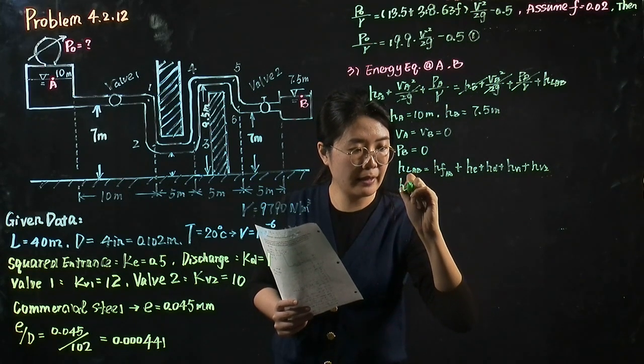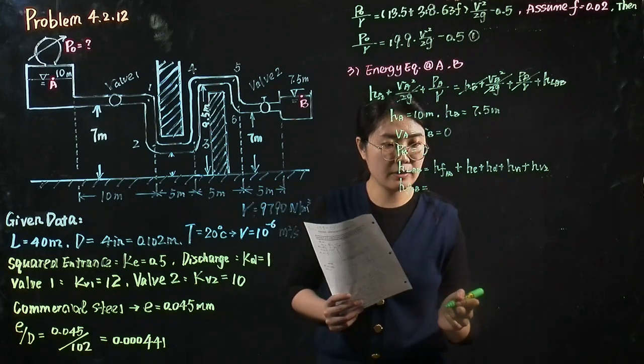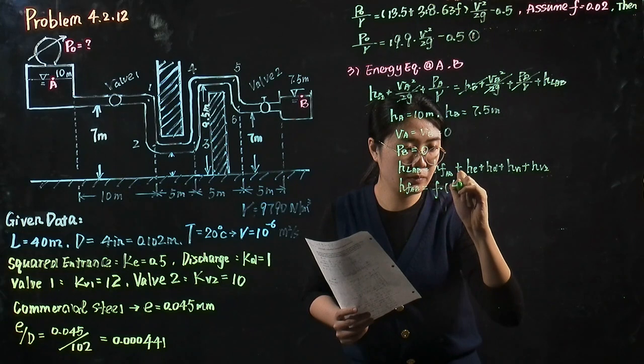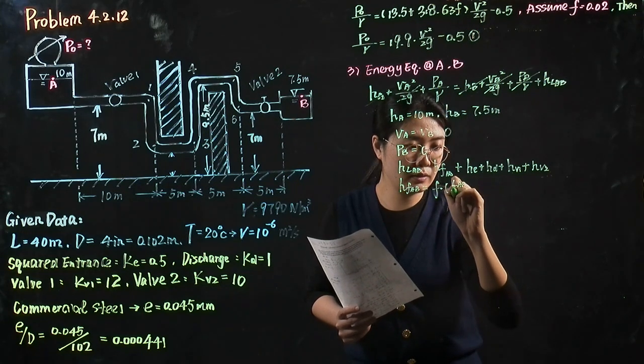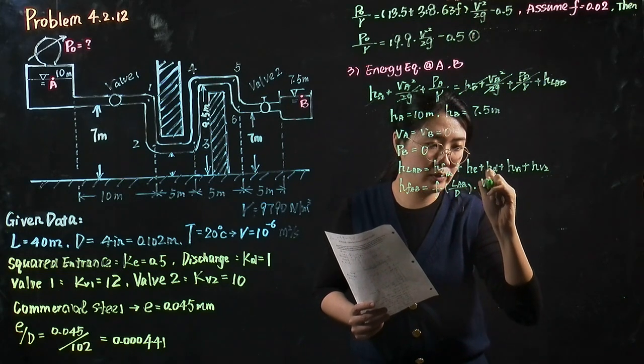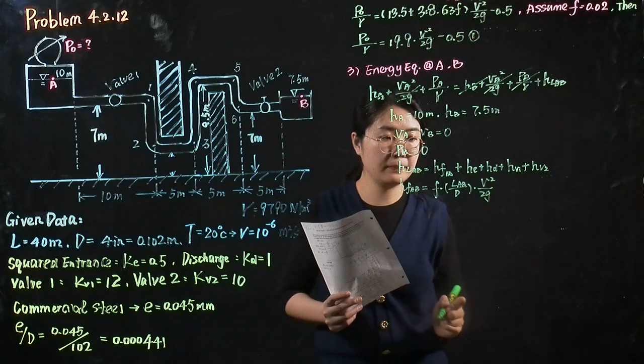The friction loss is given by the Darcy-Weisbach equation, which is the length over diameter times velocity squared over 2g.